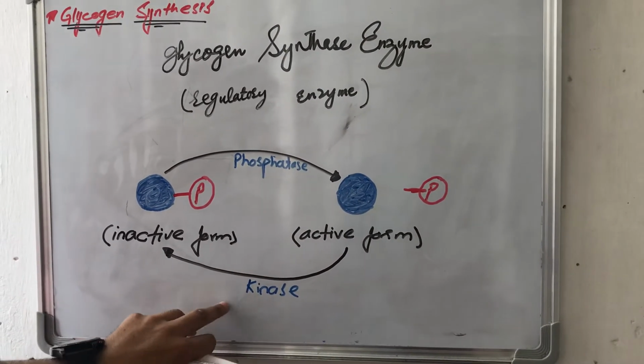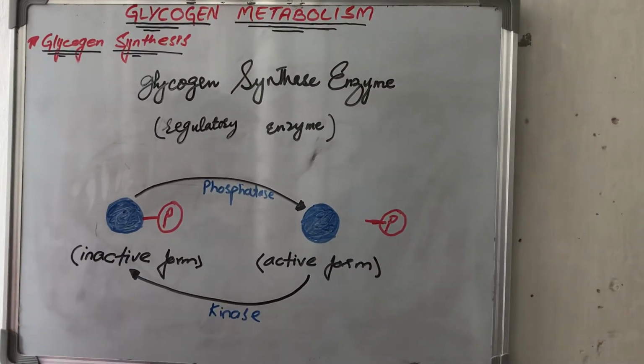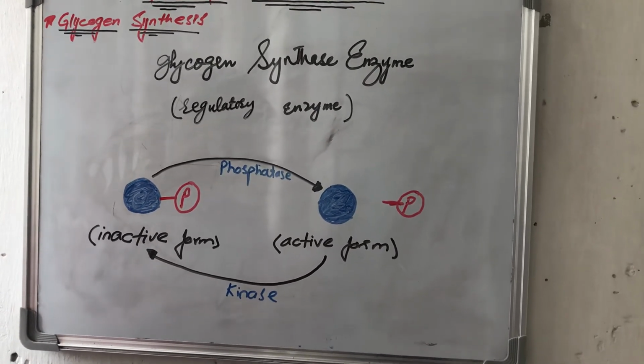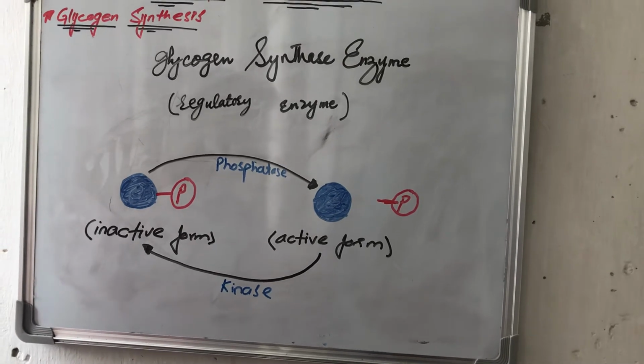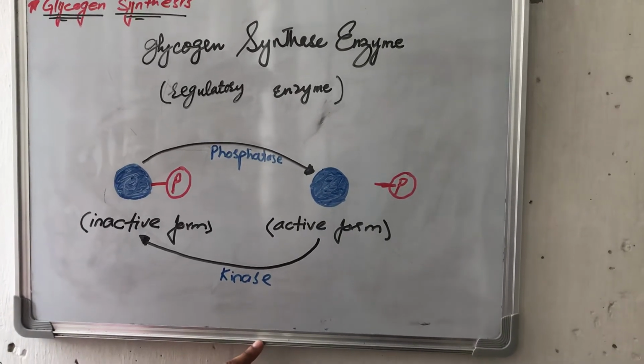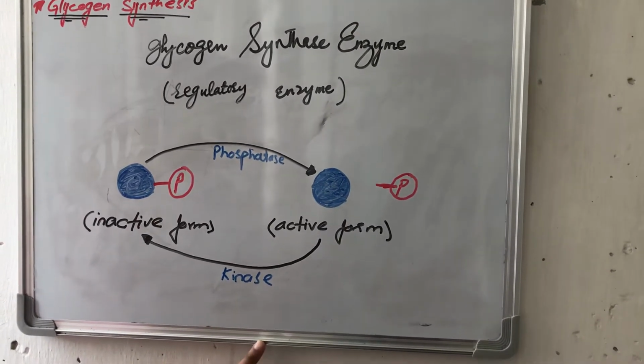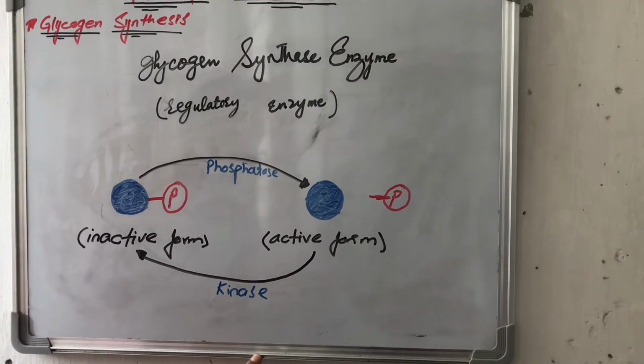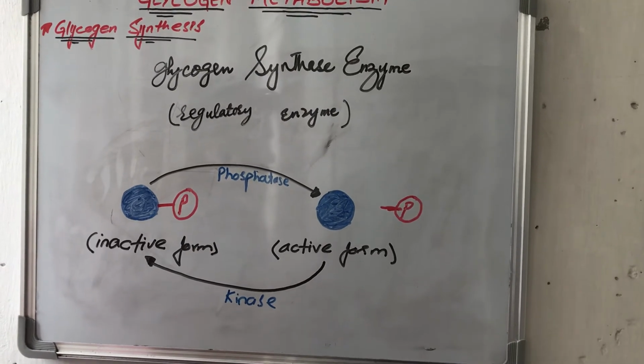So these enzymes are also regulated by other hormones, and here we know that there are two essential hormones, insulin and glucagon, which help in the maintenance of the blood glucose level by the conversion of glucose to glycogen and glycogen to glucose.